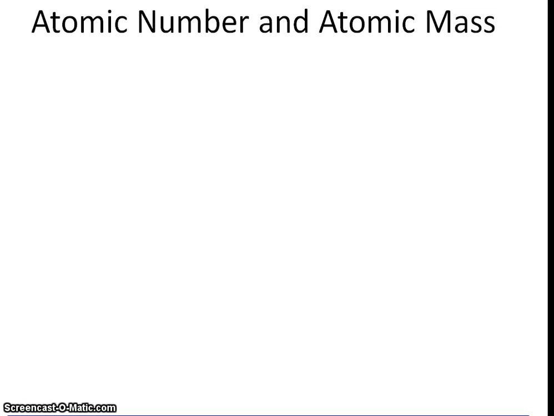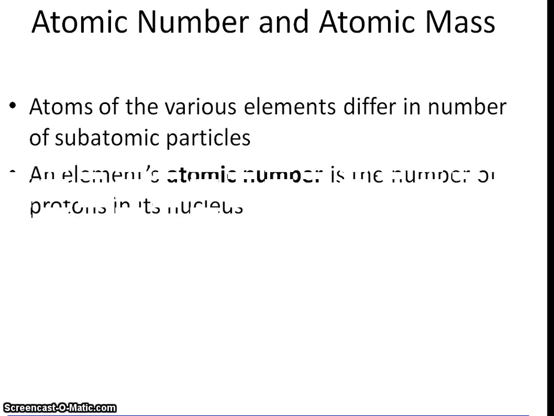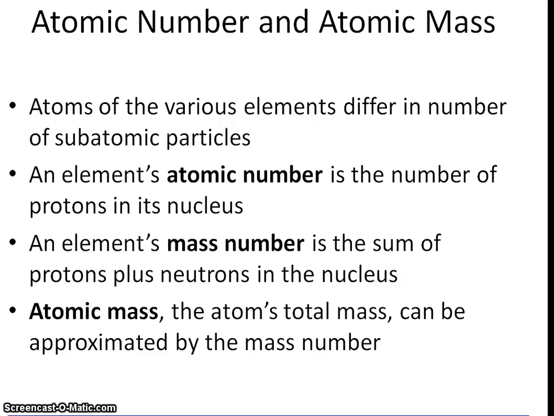Now, from these numbers of subatomic particles, chemists have come up with different numbers that make elements different. These include an element's atomic number, mass number, and atomic mass. The atomic number is equal to the number of protons in an element's nucleus.